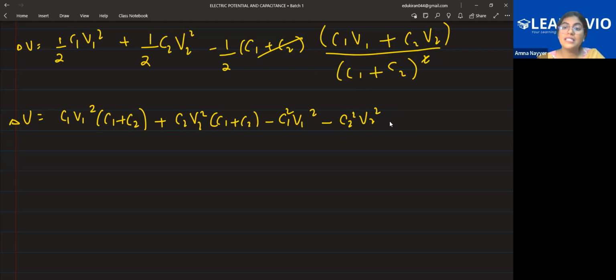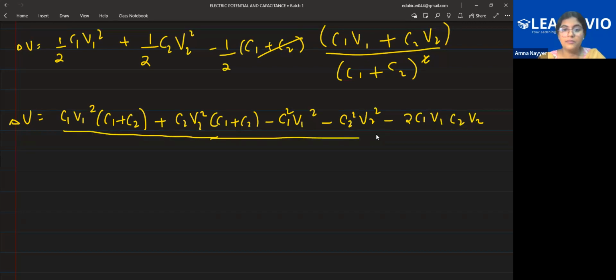Now A square plus B square plus 2AB becomes minus because of this minus sign, so 2A into B, and this entire term gets divided by 2 into C1 plus C2.